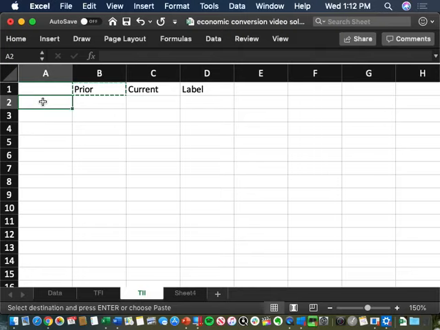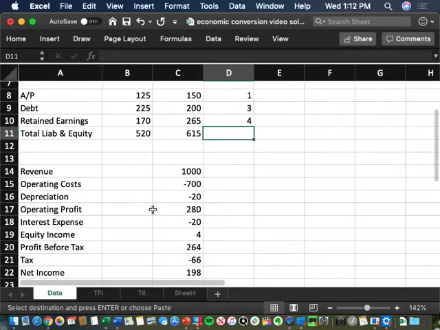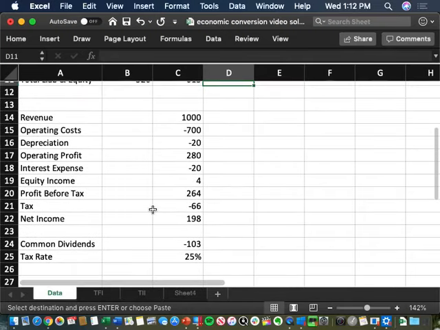Same process. We're going to go through the income statement, and we're going to label things 1, 2, 3, and 4. Revenue, operating, non-operating, debt, equity. 1, 2, 3, or 4.